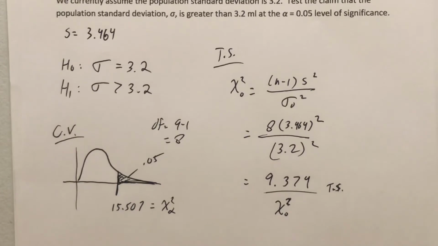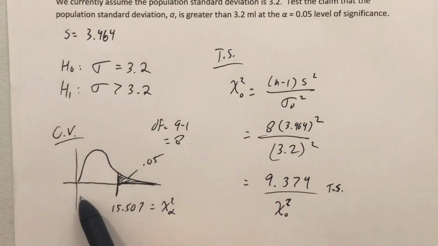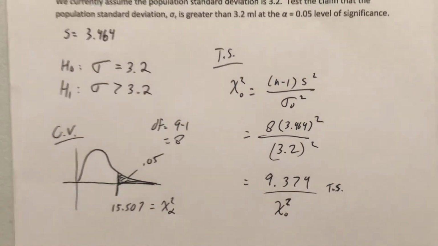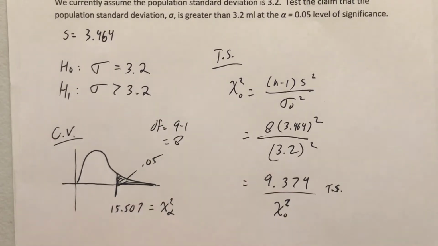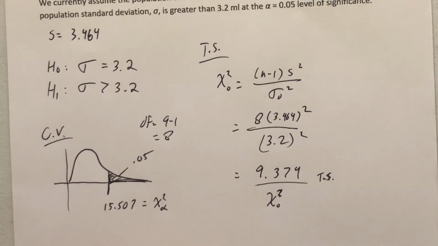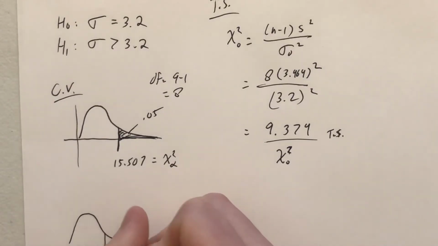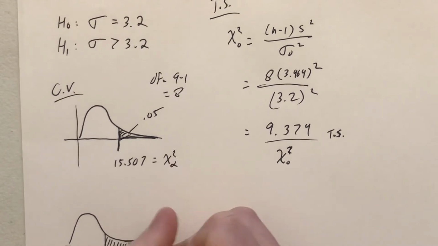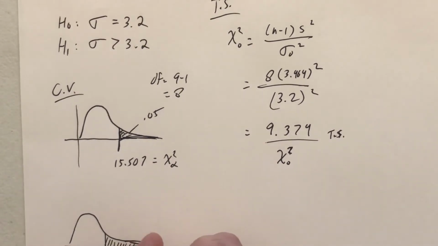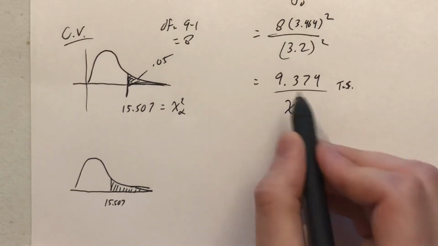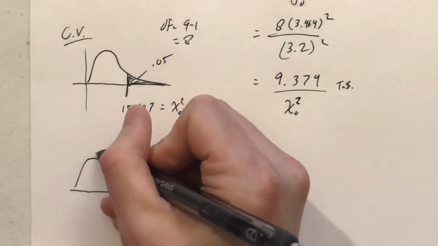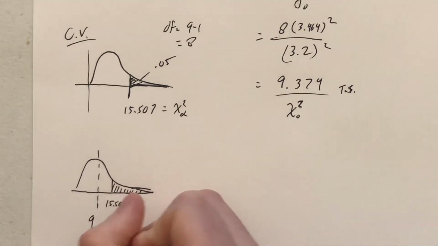Just remember the little bit of difference in that this is not centered at 0. The 0 is actually here. These are only positive values on the chi-square distribution, so 0 is here, positive values going to the right. Just don't forget that. With that information, if we go to make our decision, and I think about this picture, if my critical value for that critical region is at 15.507, but my test statistic is at 9.37, that's not as big as 15. 9.37 is somewhere over here.